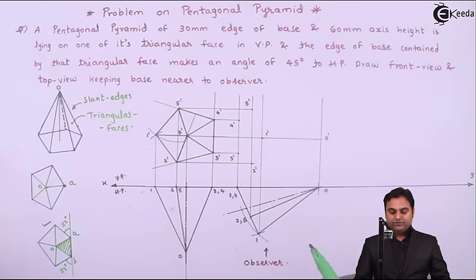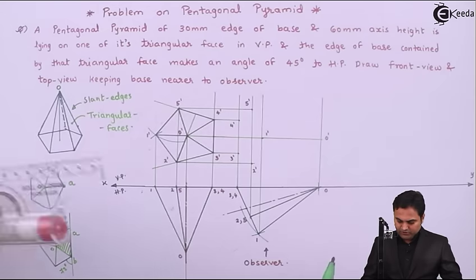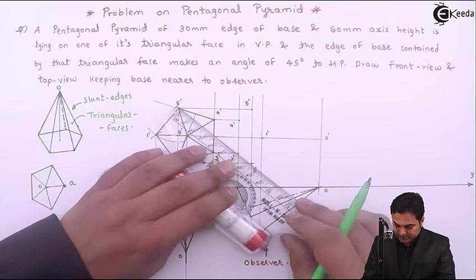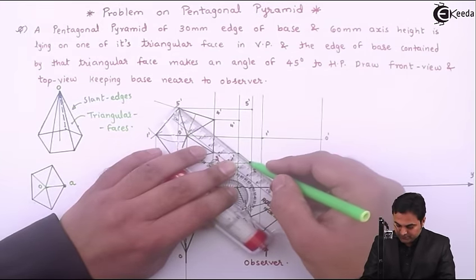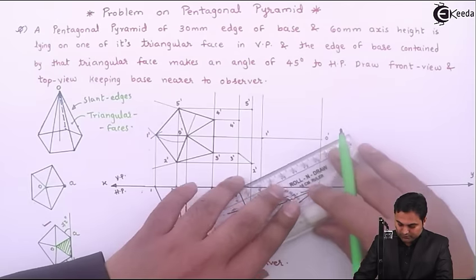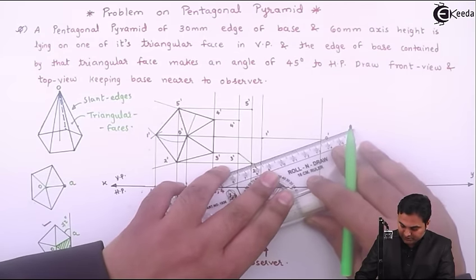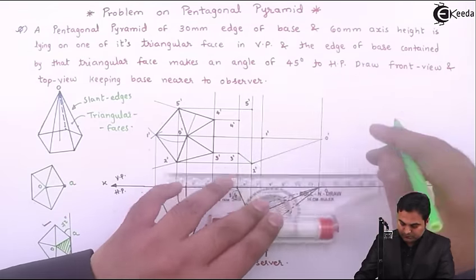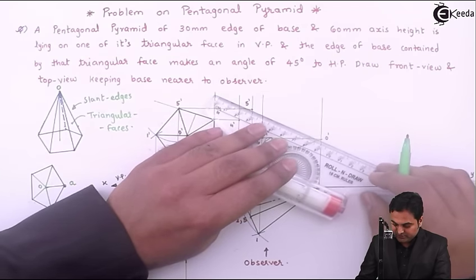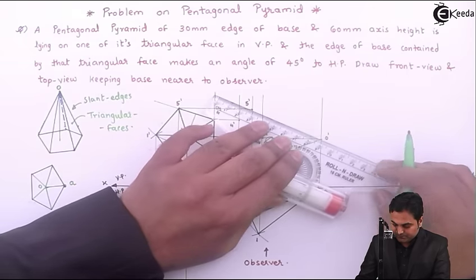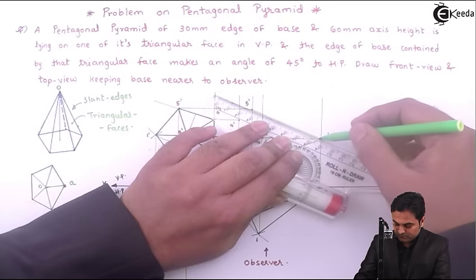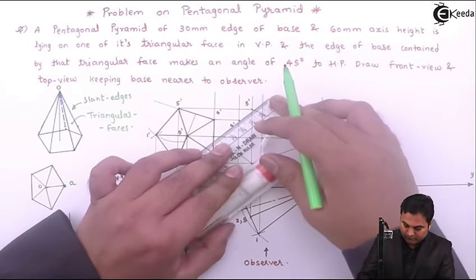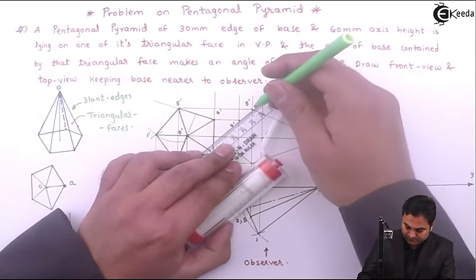So I'll join the points, and the joining sequence will be: outline will never be hidden, so that would be solid line. So joining 2 dash 3 dash as an edge, next 2 dash to O dash as another edge, similarly O dash to 5 dash, 4 dash to 5 dash.